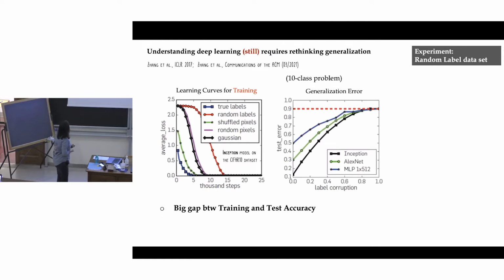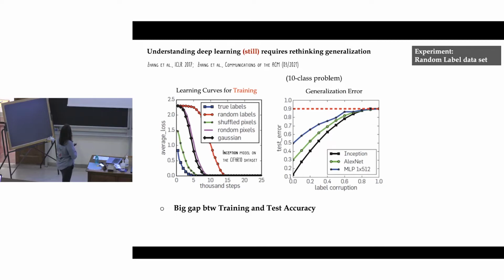The other thing is that you can now try to analyze the generalization error, the test error. If I show completely new samples, what do I expect? This is also intuitive. I have test error here as a function of the label corruption. If I have zero label corruption, I get what I expect. Of course, for an MLP it's not so good, but I generalize well. This is test error.